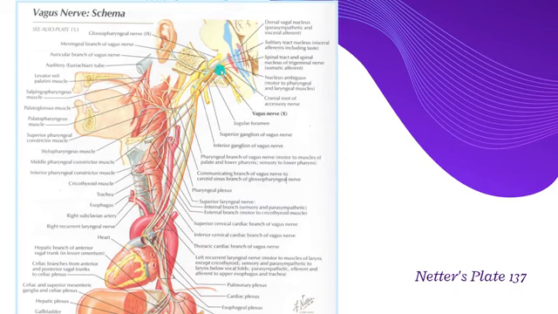And in the neck, it's going to descend within the carotid sheath, and I know we've mentioned that already. We're not seeing the arteries in this photo. If you want to see that, refer back to our study earlier of the carotid sheath. But it's first going to be between the internal jugular vein and the internal carotid artery in the top part of the neck. And then more inferiorly, it'll be in between the internal jugular vein and common carotid artery.